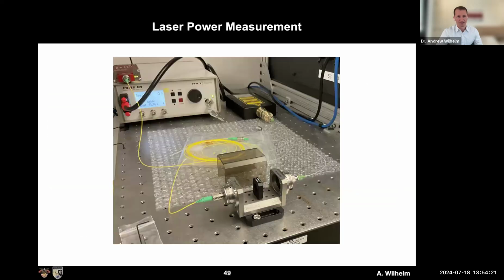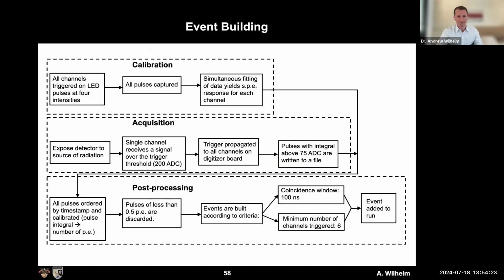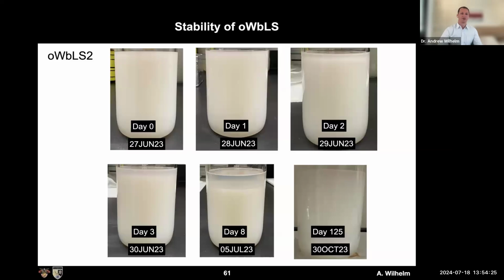The opaque water-based liquid scintillator isn't perfectly stable, so it separates. Here's an image of the OWBLS separating over time, which is a huge problem because in all of our modeling, we're assuming that the scintillation liquid is homogeneous in the detector and that the behavior is going to be the same everywhere.